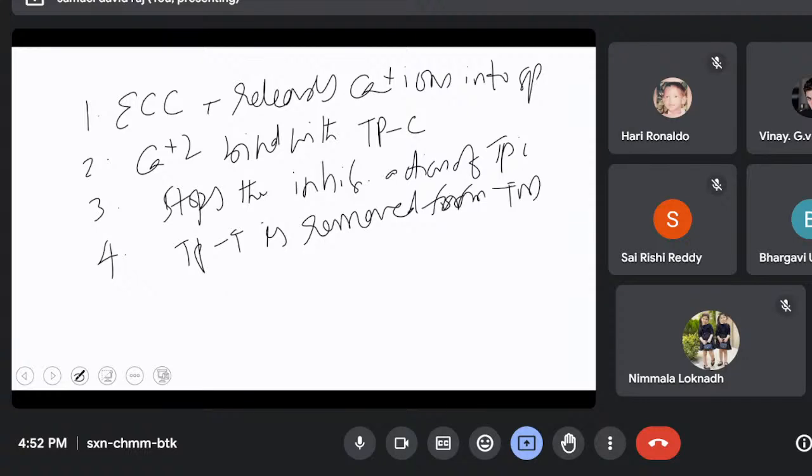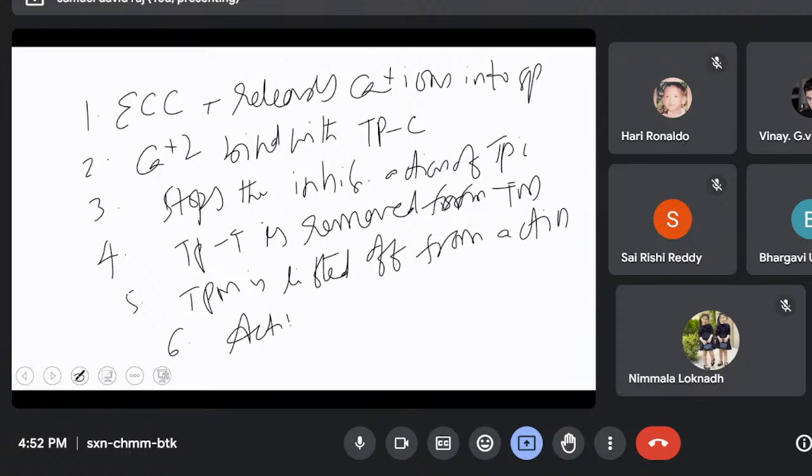When the troponin T is removed from tropomyosin, tropomyosin is lifted off from actin. Once the tropomyosin is lifted off from actin, the active sites of actin are now exposed.